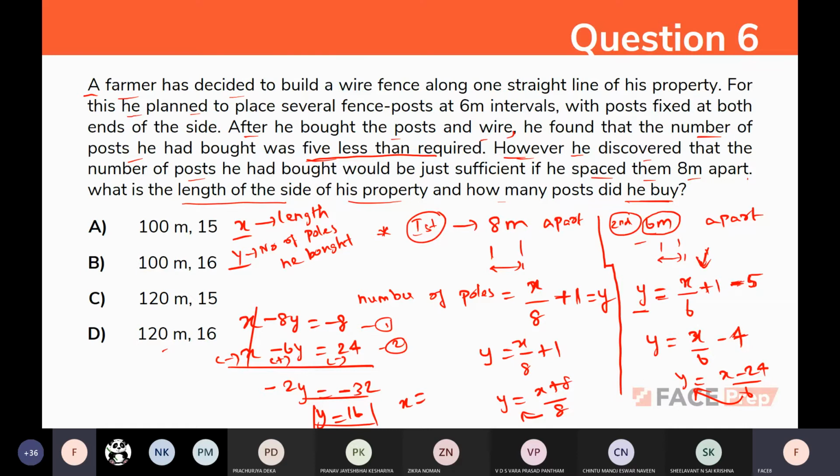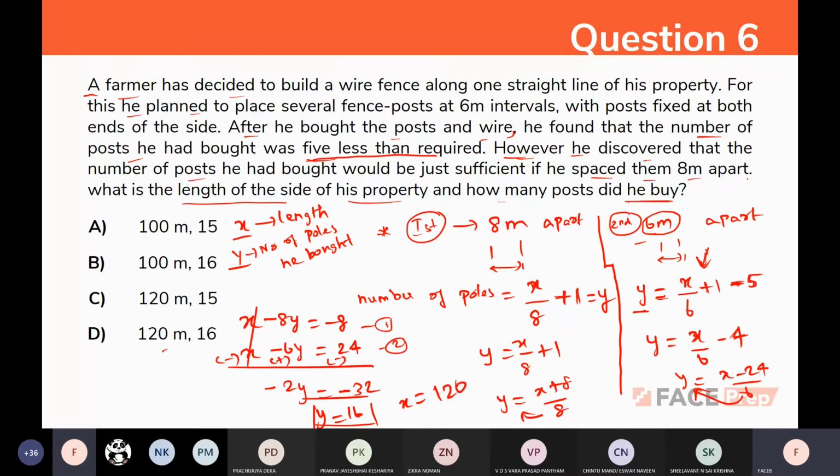You can put it in the chat box also. What is x? Put y in equation number 1. 120, Nishit. So the answer will be 120.